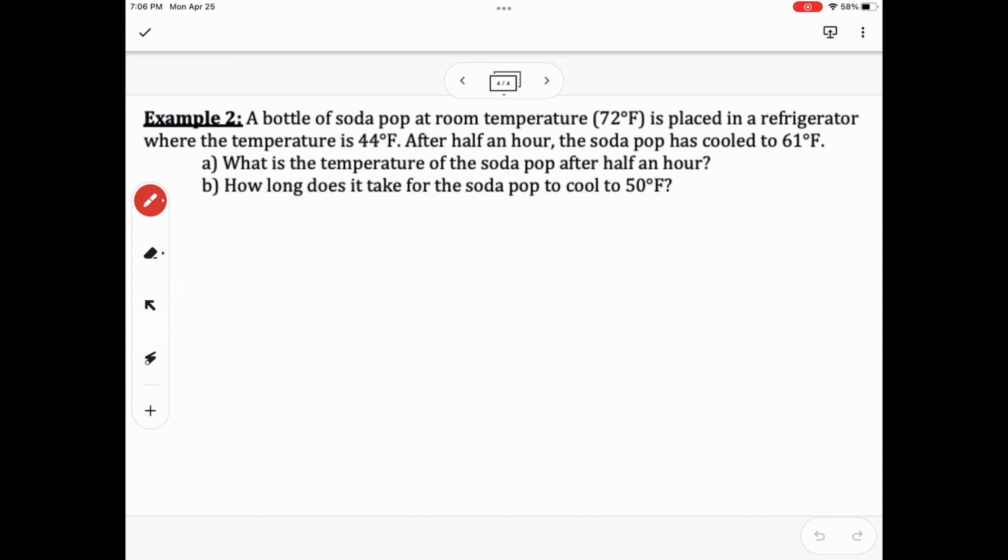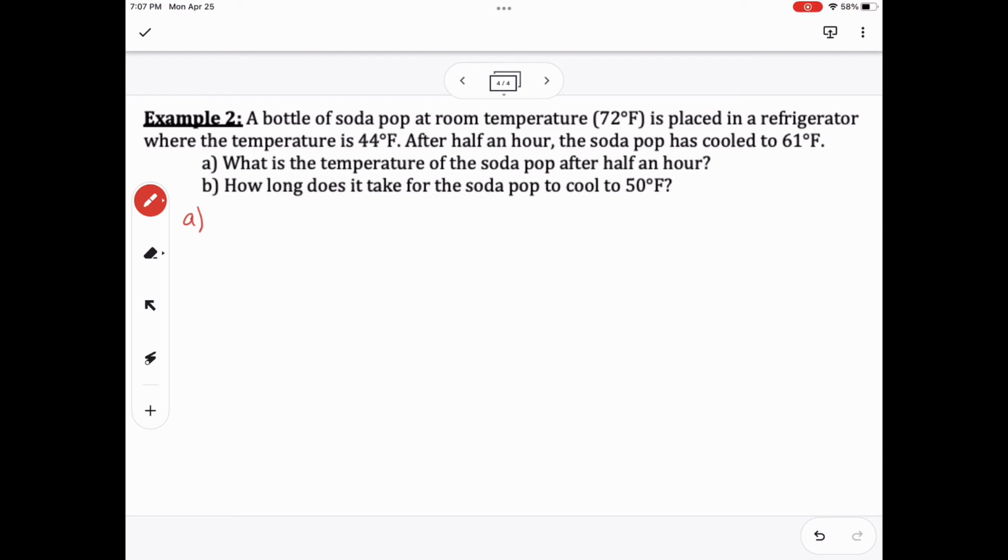A bottle of soda pop at room temperature, 72 degrees Fahrenheit, is placed in a refrigerator where the temperature is 44 degrees Fahrenheit. After half an hour, the soda pop is cooled to 61 degrees Fahrenheit. I want to find out what the temperature of the soda pop is after another half an hour, and also how long it takes for the soda pop to cool down to 50 degrees Fahrenheit.